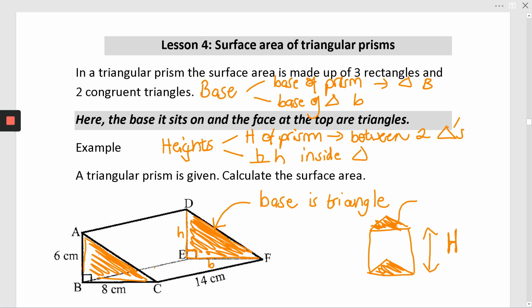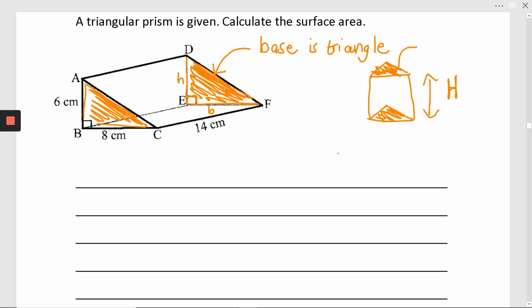I'm going to use two methods again to find the surface area for this triangular prism. And in order to do the first one, I need to add a net diagram. So what hasn't been worked out here is the side DF and AC of the triangle. In order to do a net diagram, and in fact, in order to do my second method of using the formula, I'm going to need the perimeter of the triangle, and I'm going to need DF.